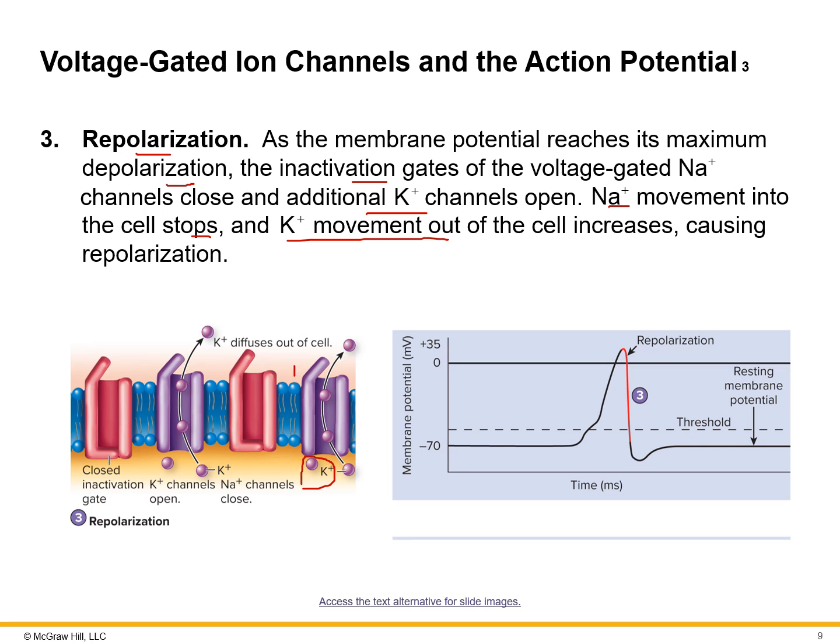And now the inside is more positive and at this point the outside is more negative. So that positive potassium ion really wants to go out because it's going with its concentration gradient, also with that charge or voltage gradient.